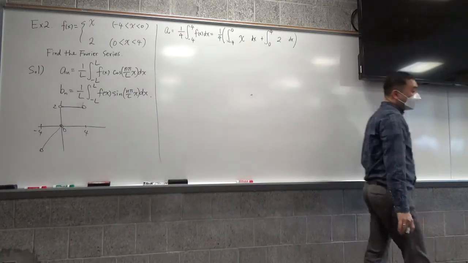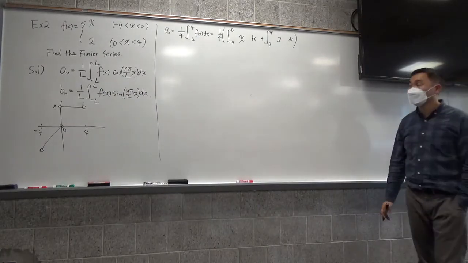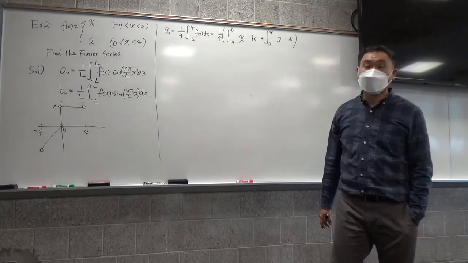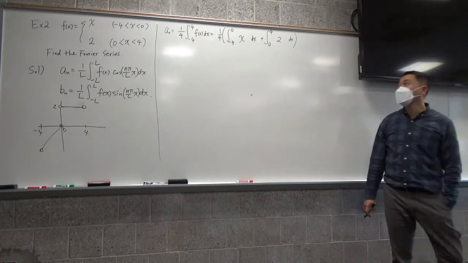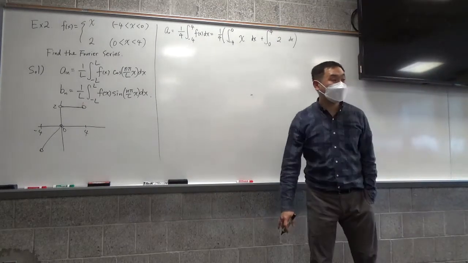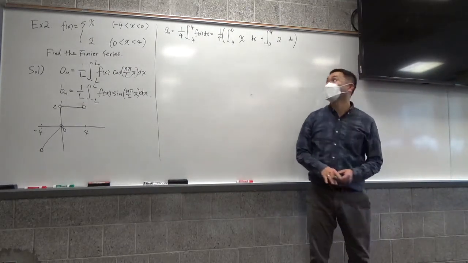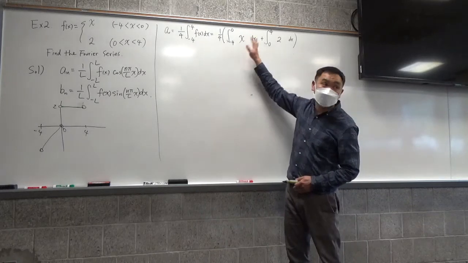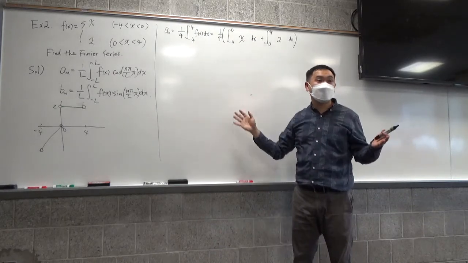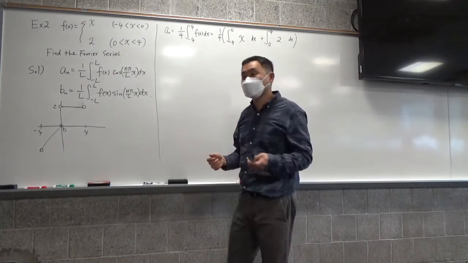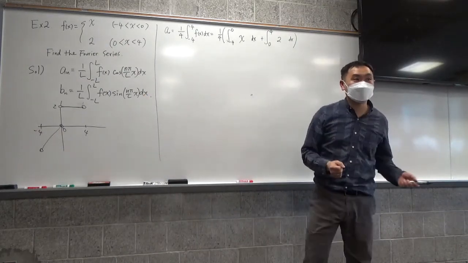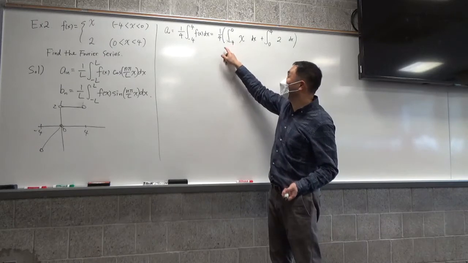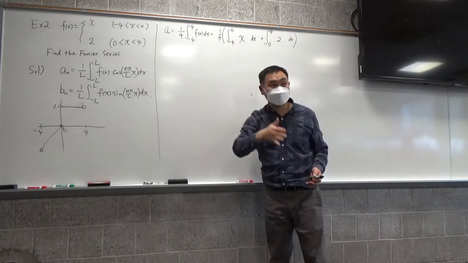Now the biggest annoyance when you handle piecewise defined functions is that you can no longer make use of the evenness and oddness. Because, see, this x is an odd function, right? And before, when we had an odd function, we could just simply say, oh, that's 0 because you're integrating on a symmetric domain. That's not true anymore because you're trying to integrate from negative 4 to 0.